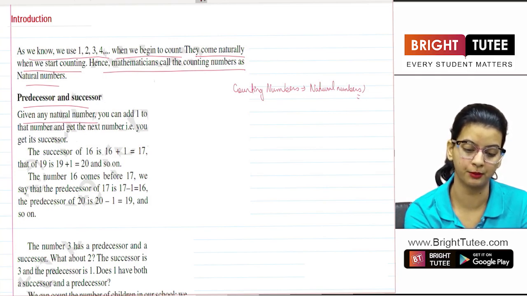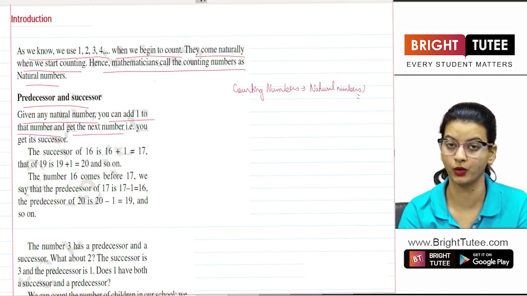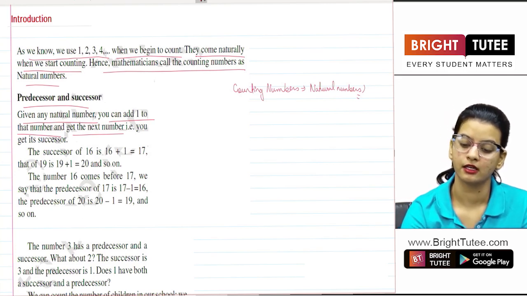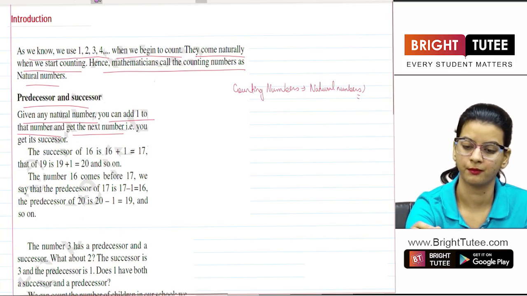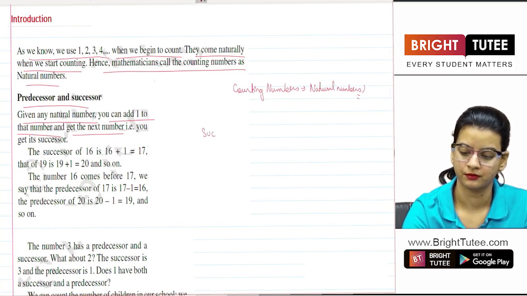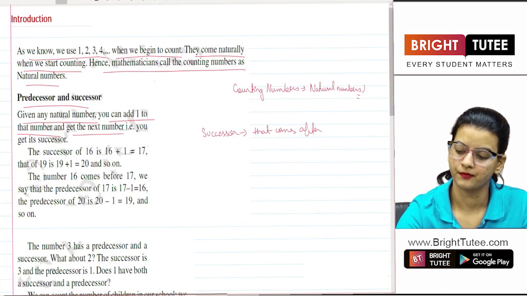Now let's talk about predecessor and successor. Given any natural number, you can add 1 to that number and get the next number, that is, you get its successor. Successor means the one that comes after.